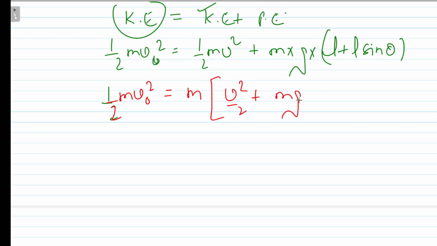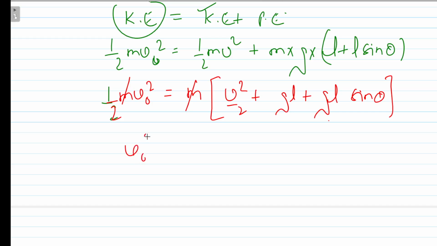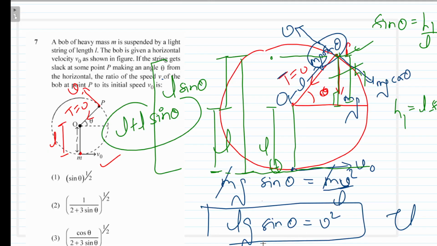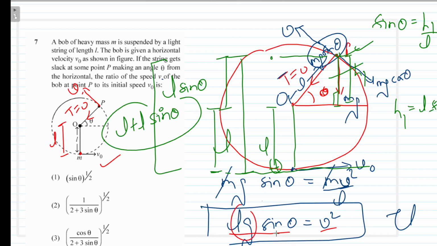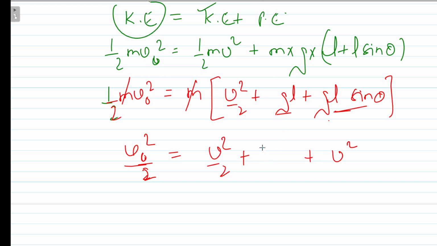So this is m into g into L plus mgL sin theta. m आपने कॉमन ले लिया, सॉरी. तो m यहाँ पे कॉमन है, मेरे पास रह गया gL प्लस gL साइन थीटा. आपके पास रहेगा v naught square by 2 is equal to v square by 2 plus. अब gL और gL sin theta की वैल्यू यहाँ से मिलेगी. gL sin theta है v square. So this becomes v square, and this gL becomes v square by sin theta.